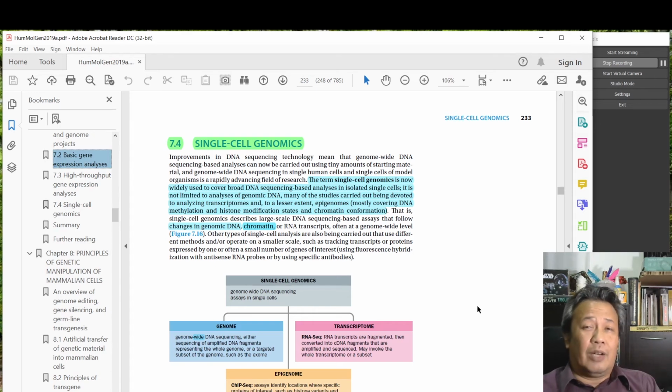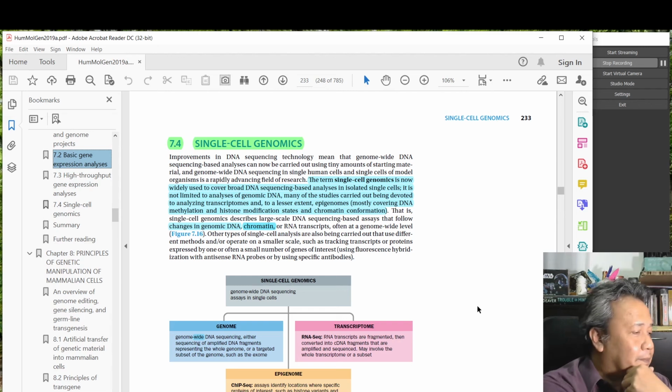But nowadays you can actually study single cells. You can get one cancer or treated cell, one normal cell, and then compare. This is the extent of technology nowadays that allows you to look at expression of single cells.